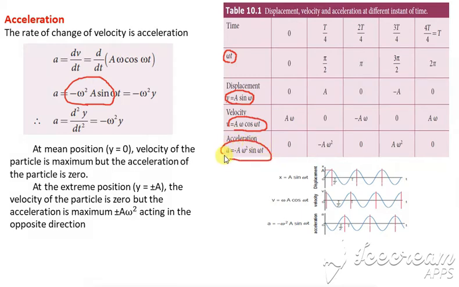Minus a omega square sin omega t. Just we are going to take the values of time to be 0, T by 4, 2T by 4, 3T by 4 and 4T by 4. So this is 1T, 2T, 3T divided by 4. 4T by 4 we get as T itself.